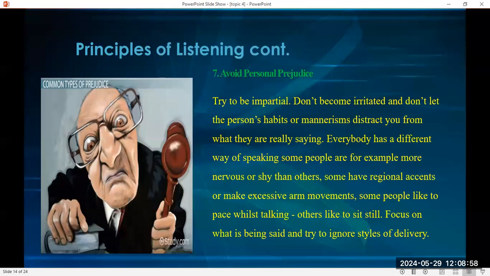There are people, sometimes when you talk to them, it takes time before they respond. It takes time before they internalize your message and respond to you. So avoid personal prejudice. Don't say this one is shy, this one does not speak well, this one is just a waste of time, and so on and so forth.